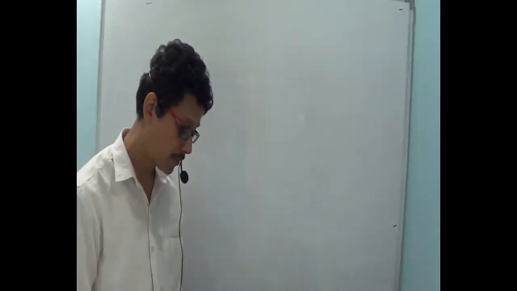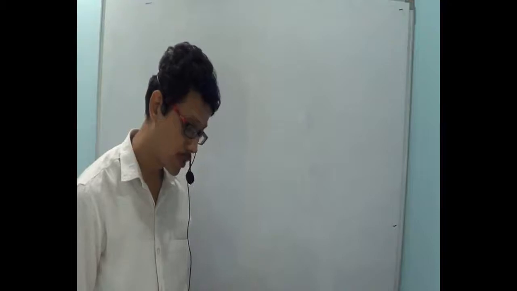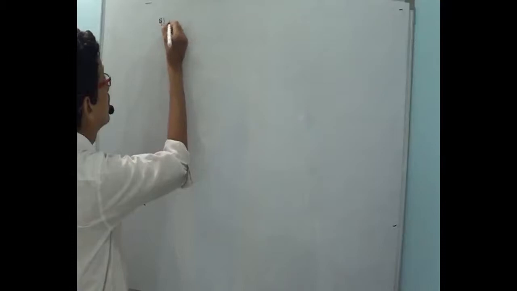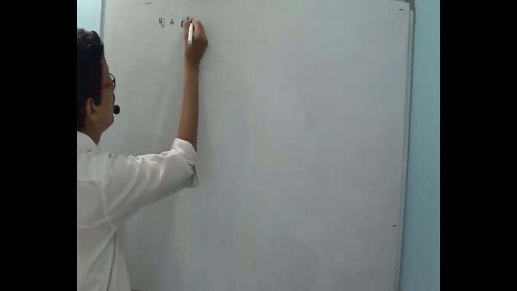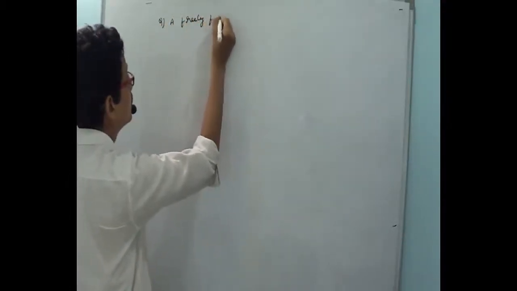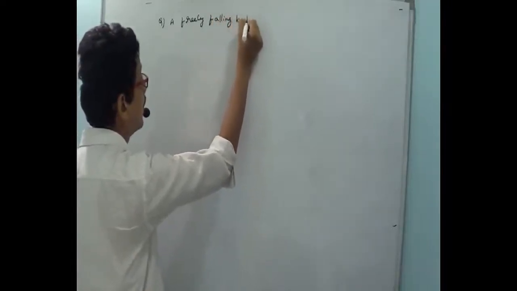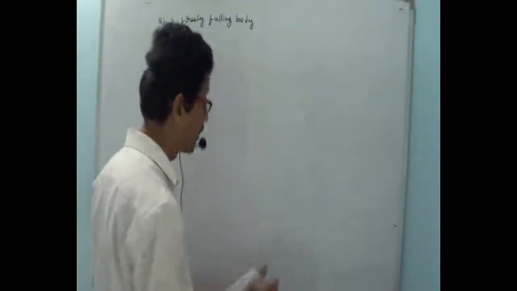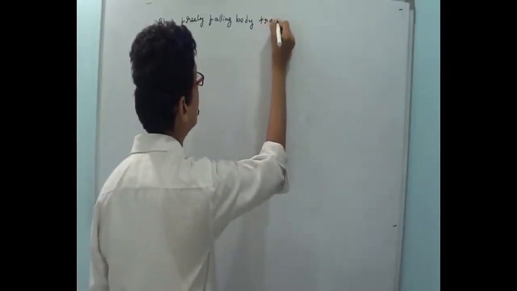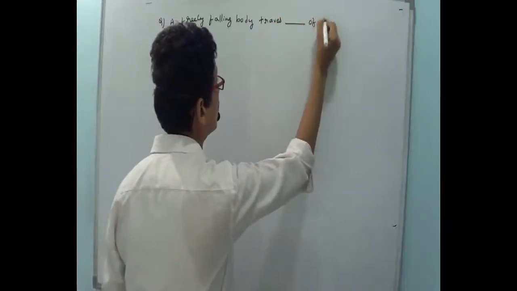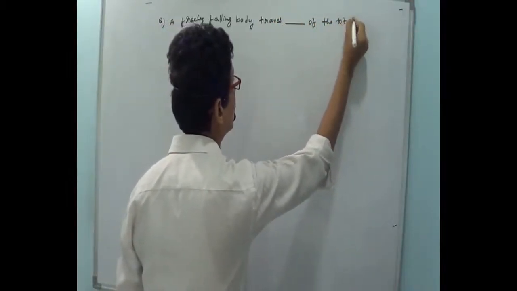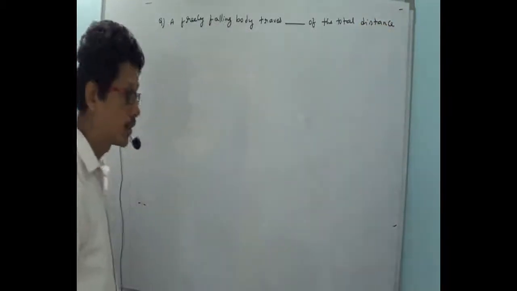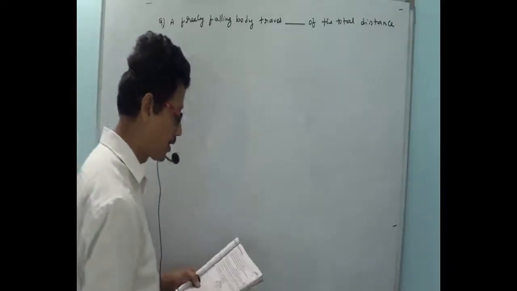A freely falling body travels dash of the total distance in the 5th second. So this is the question. A freely falling body, right along with me, travels dash of the total distance in the 5th second.